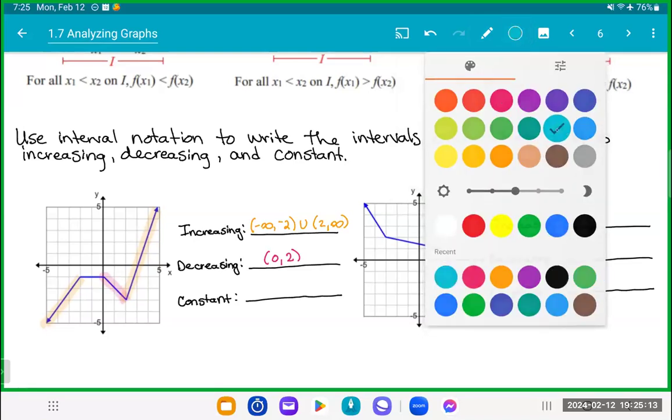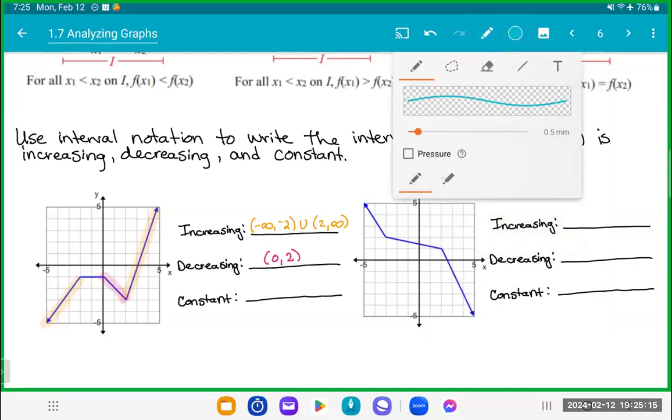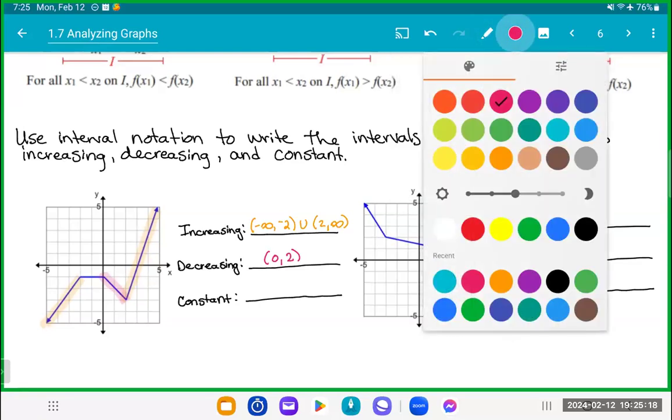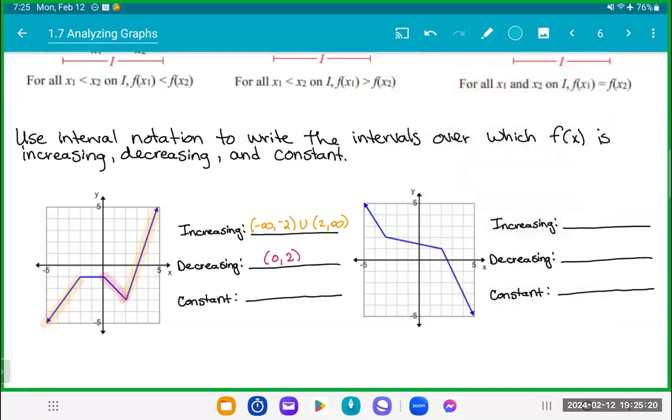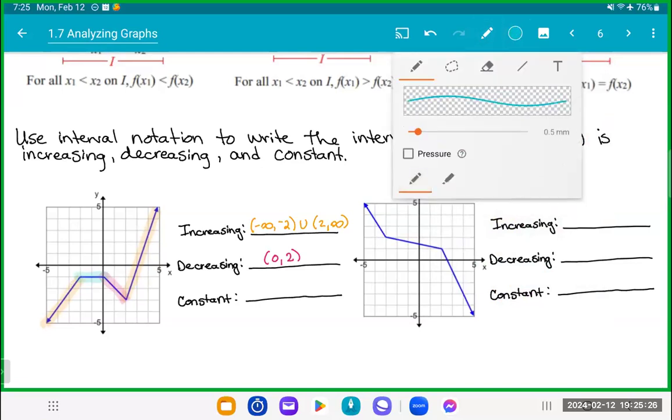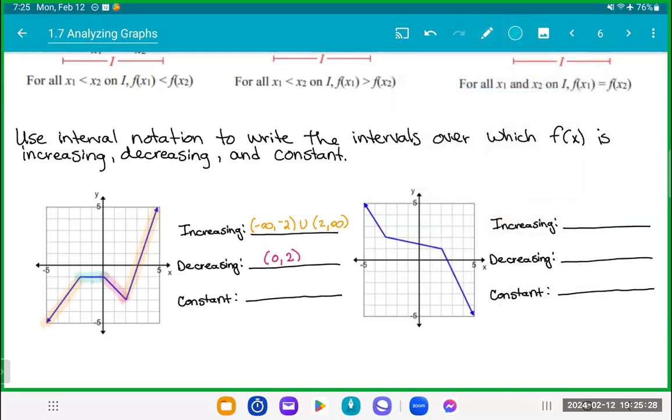And then finally, where are we constant? Our graph is constant right here in this piece. And that remains constant from negative 2 to 0. And that is what we have.